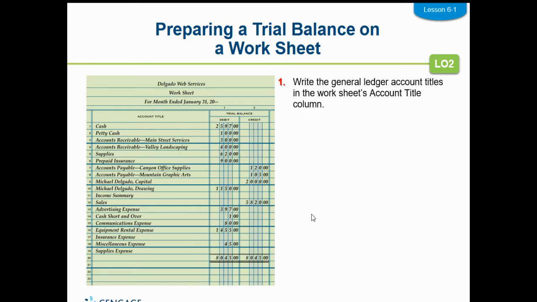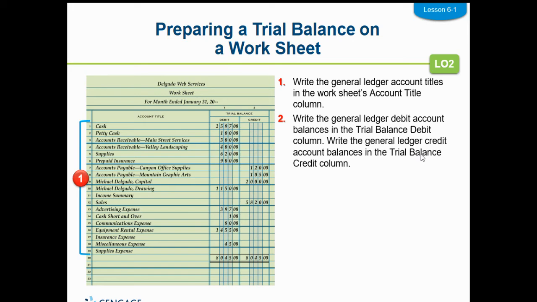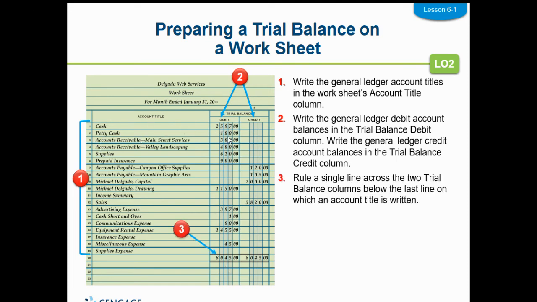Then you write the general ledger account titles in the account title column, and fill in the debit and credit balances in the trial balance. If you want to do cash and put the amount in, and then petty cash and put the amount in, that's fine, whatever works best for you.